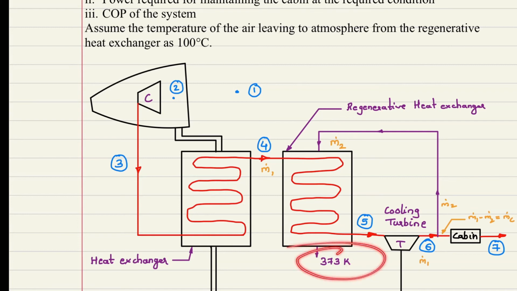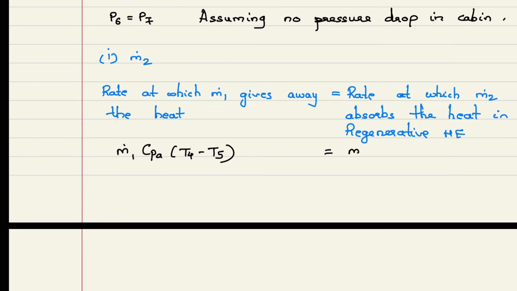So the higher temperature is 373 minus this T6 temperature. That will be the formula: m.2 Cp of air into (373 minus T6). Now here m.1 and m.2 are both unknown. We can cancel Cpa on both sides.